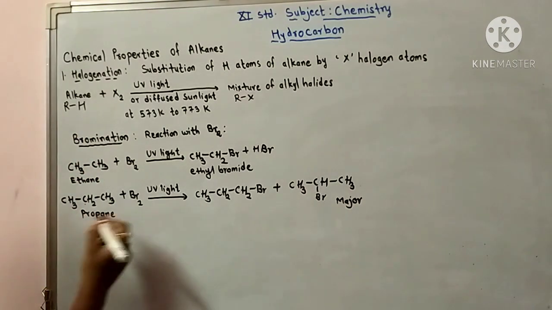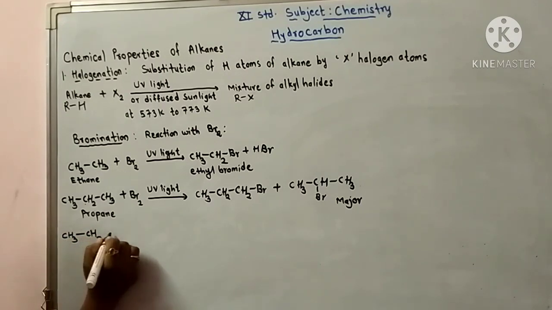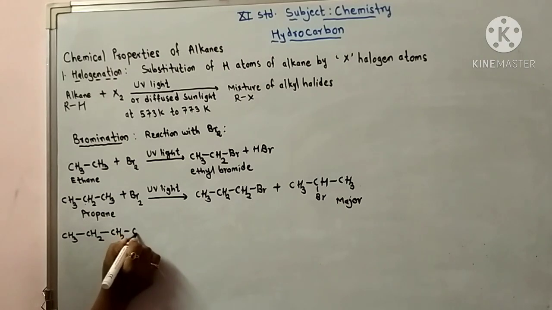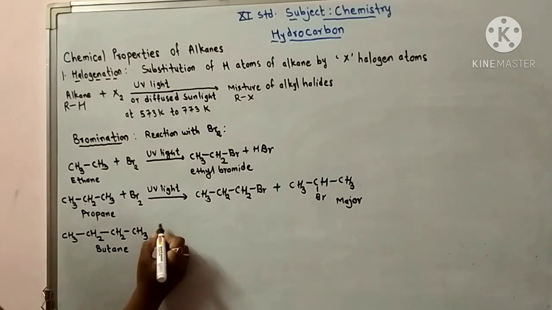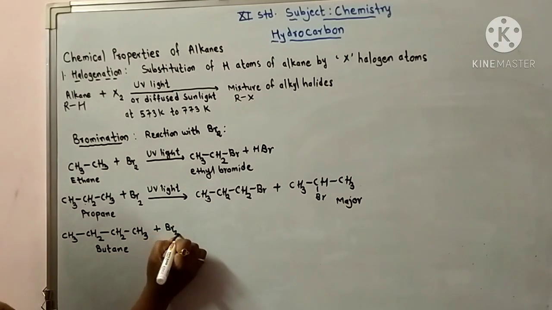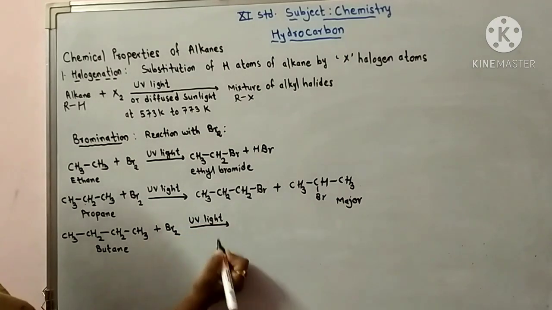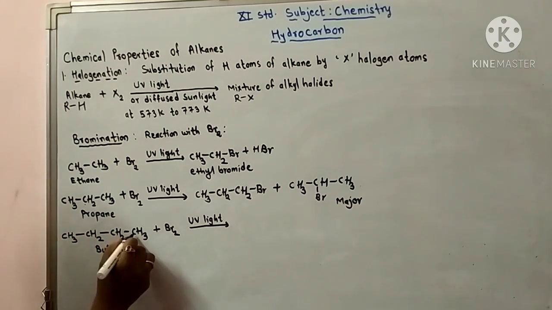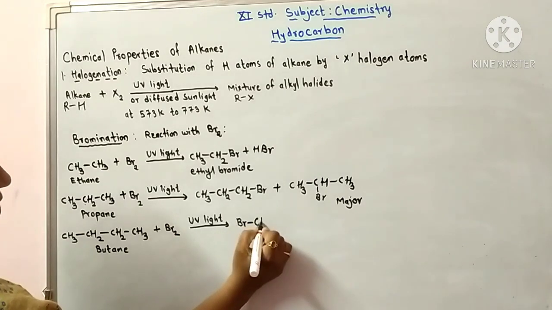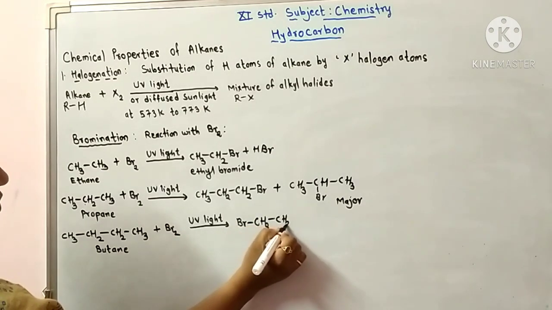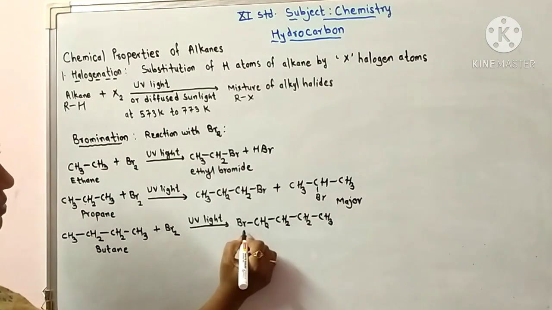and the other is minor. Let's see another example, butane, CH3CH2CH2CH3. Butane on reaction with the bromine molecule Br2 in the presence of ultraviolet light also gives a mixture of products. If the hydrogen is replaced from the terminal carbon, we get, for example, BrCH2CH2CH2CH3, so 1-bromobutane.